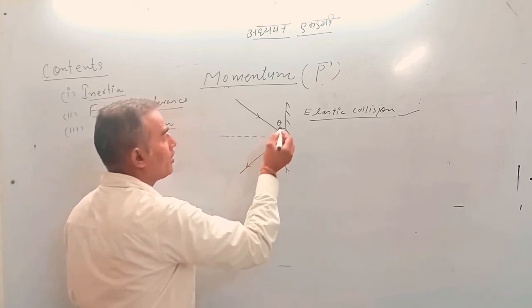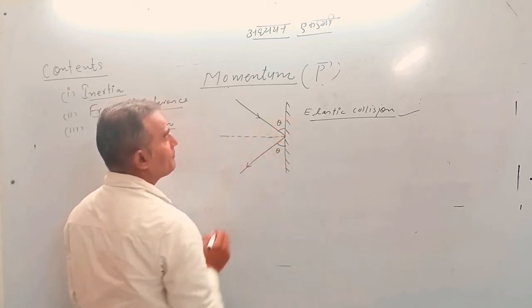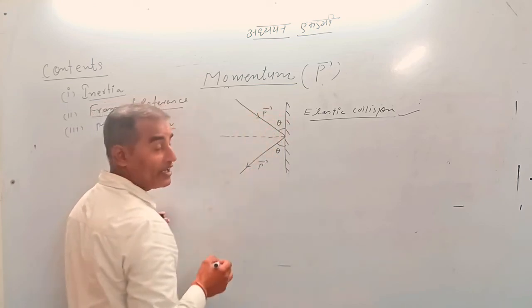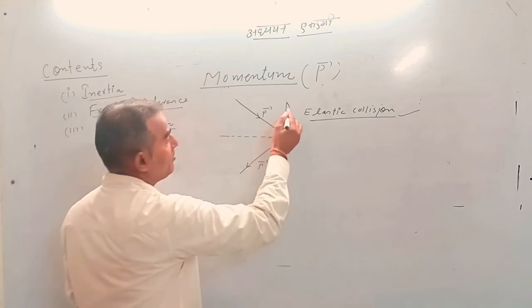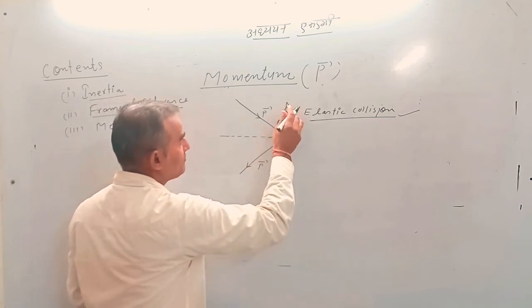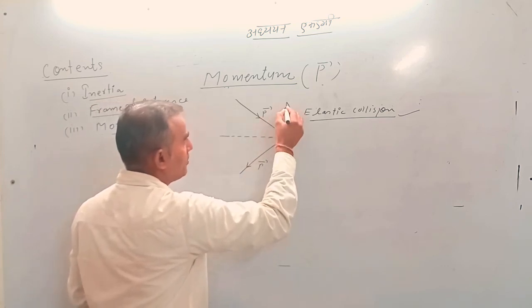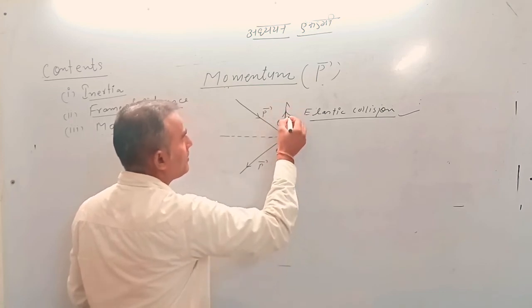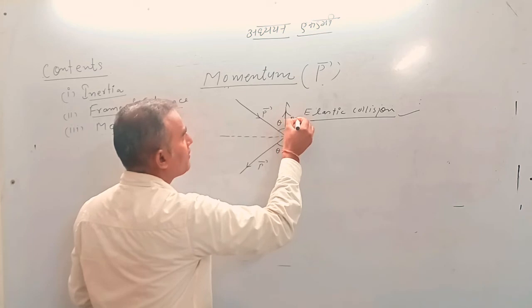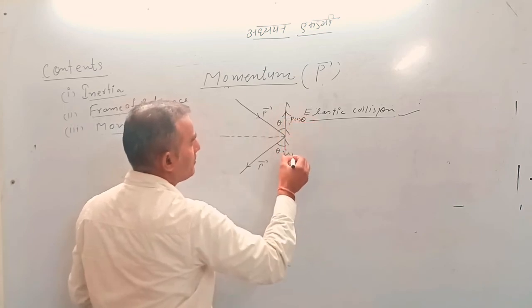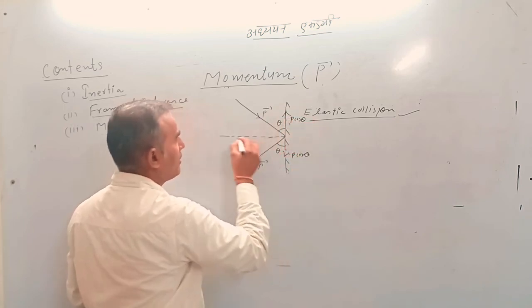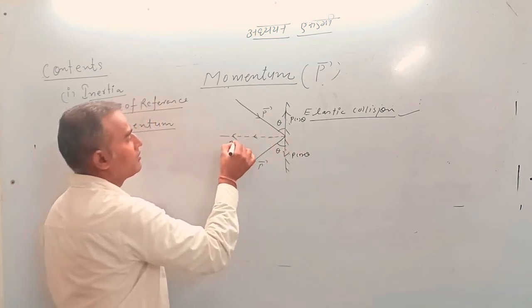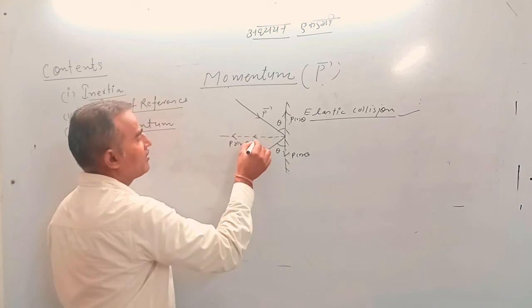Then you can divide the momentum into two components. One momentum is along the wall, P cos theta, and the other will be normal to the wall, P sin theta.